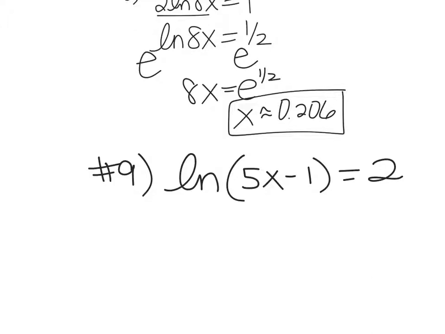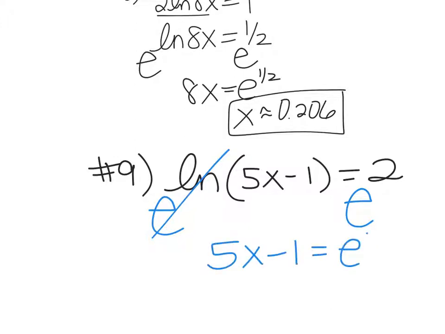This natural log has it captive right now and it won't let go. So the first thing I'm going to do is raise both sides, putting e as the base. And e to the ln will cancel out, leaving me with 5x minus 1 equals e squared.